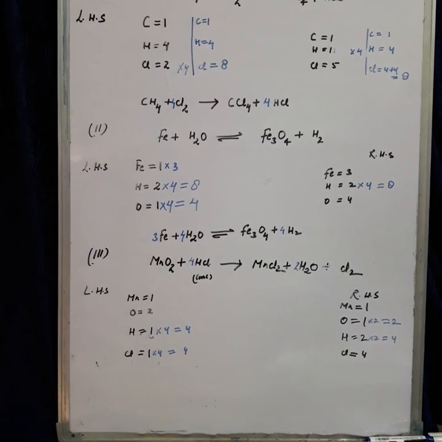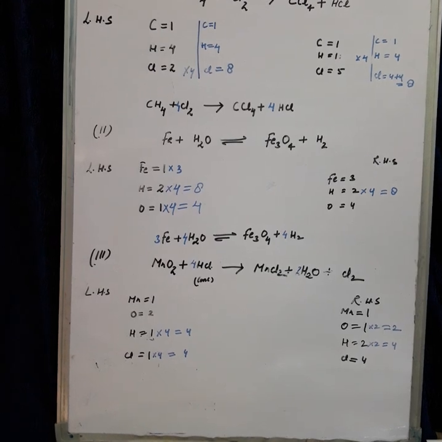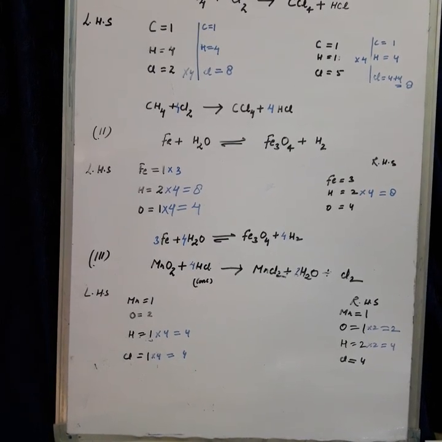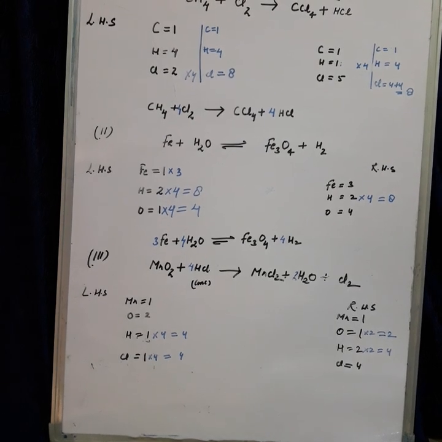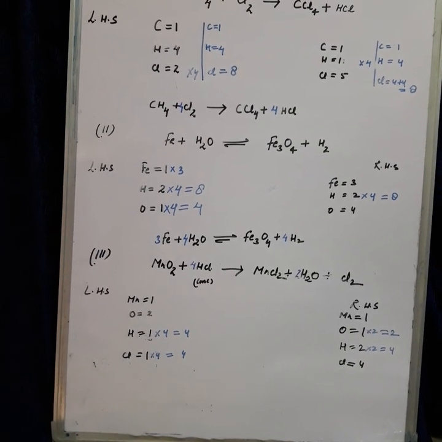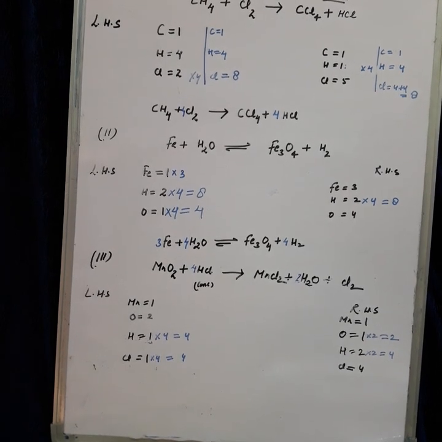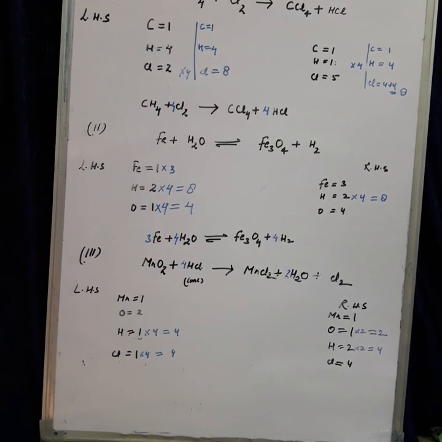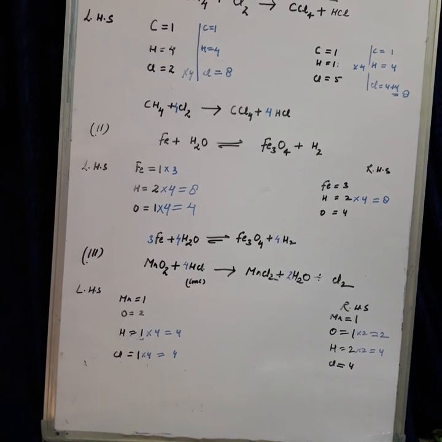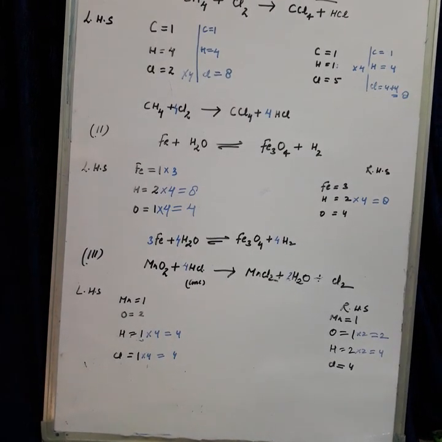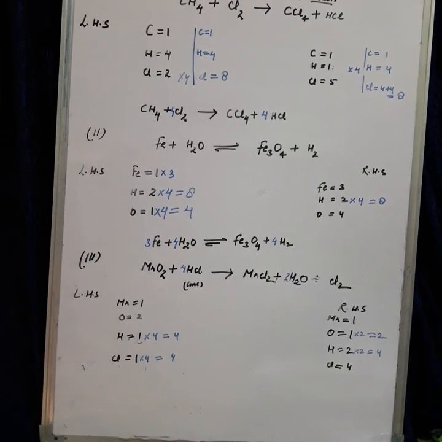So let's start. In this equation we have 1 carbon, 4 hydrogen, 2 chlorine on the left hand side, whereas 1 carbon, 4 hydrogen... 1 carbon, 1 hydrogen and 5 chlorine on the right hand side. Carbon is already balanced, but we have 4 hydrogen on the left hand side and only 1 hydrogen on the right hand side.